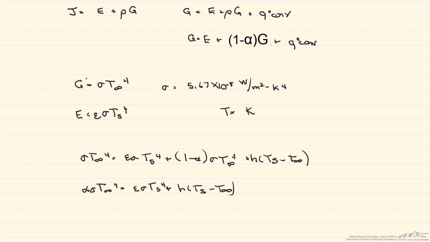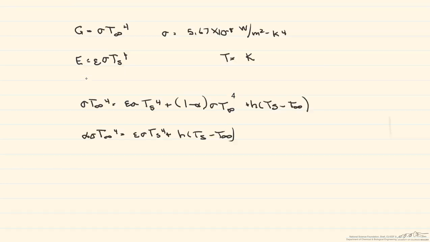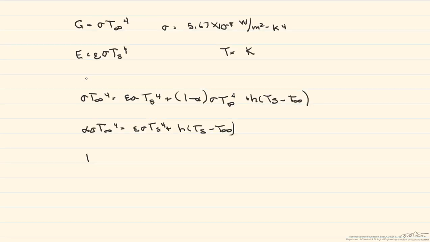So this equation assumes that all the radiation comes from the surrounding fluid. That's not always the case. Often the plate will be in a large enclosure, such as a furnace at a different temperature, and we indicate that temperature as T of the wall, sometimes T of a furnace, and that can be greater than that of the plate.